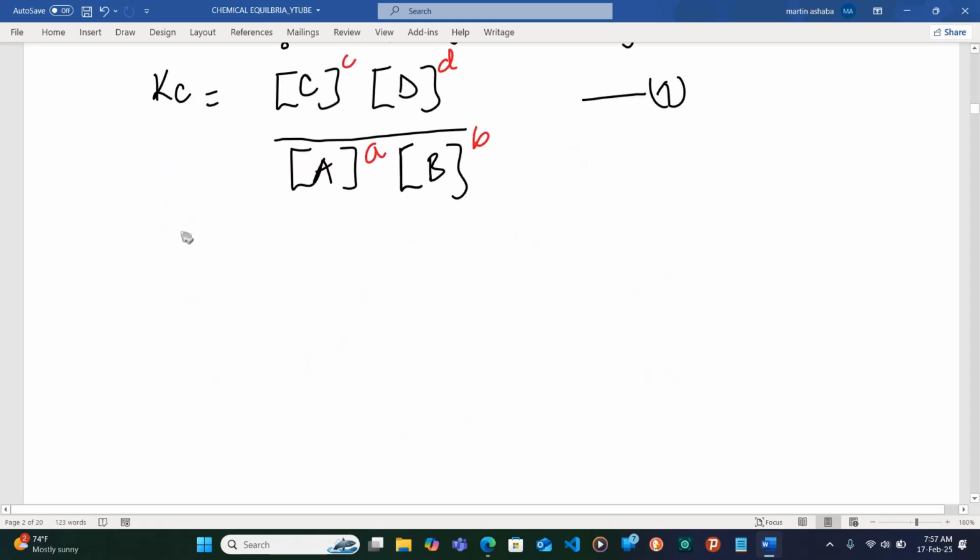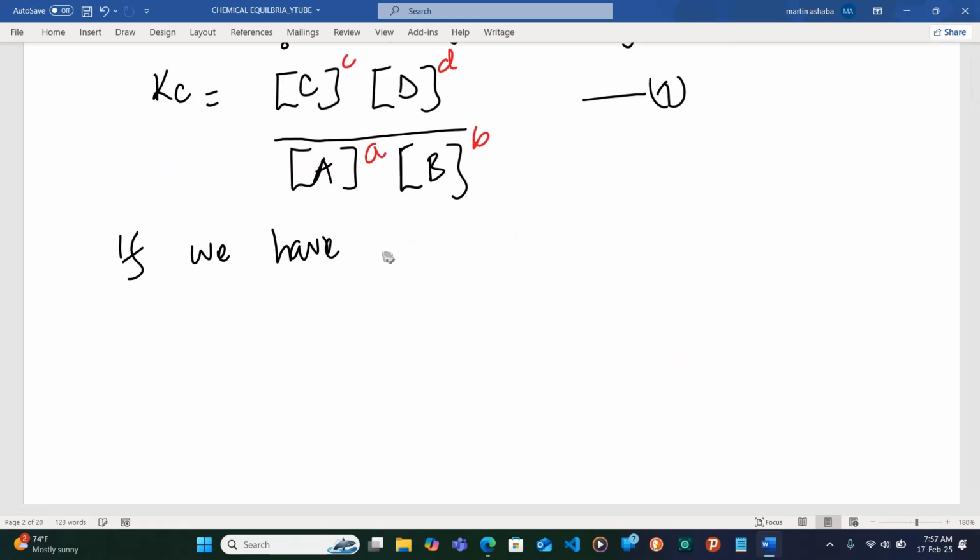So I have c here, d, a, b. That is one. If we have gases reacting, in other words, instead of having general reactants like solutions or solids, here we are going to have gases.